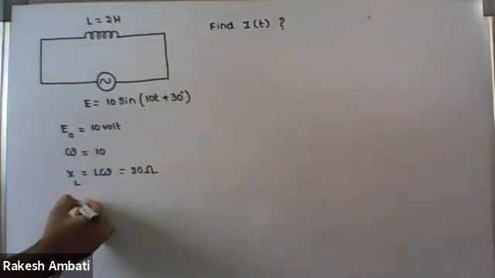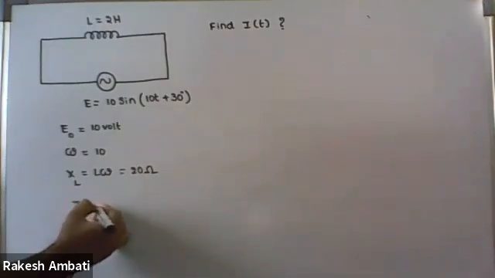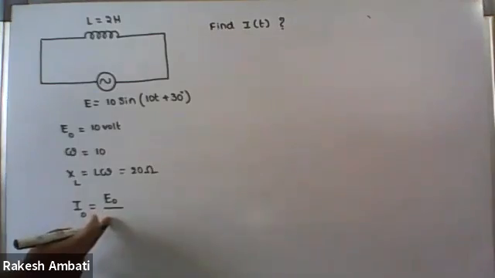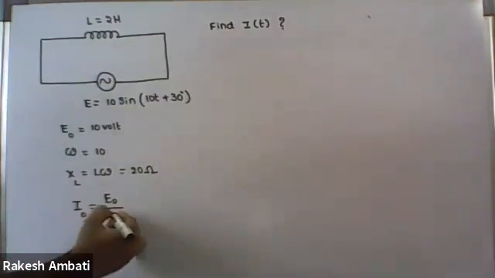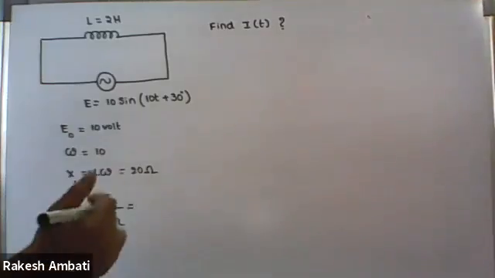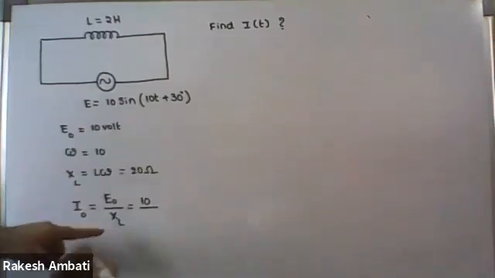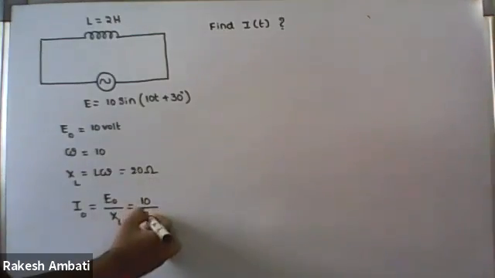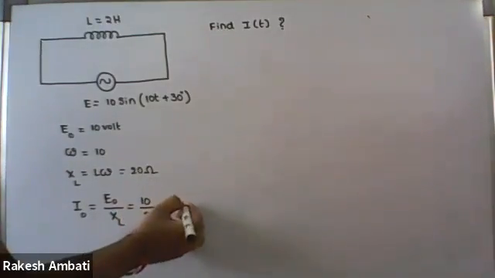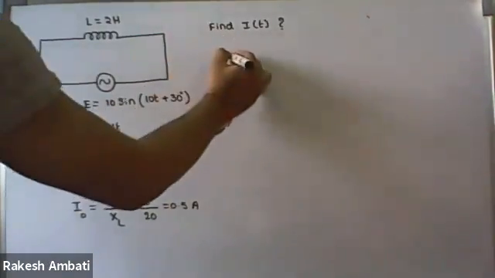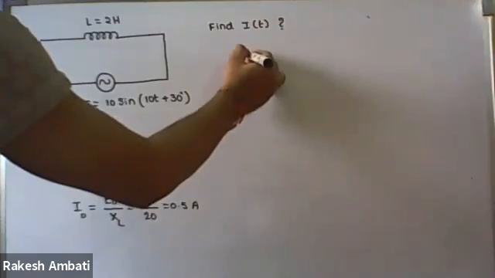Now I want to find the maximum value of the alternating current. I naught equals E naught upon XL, in the place of resistance in an inductive circuit. E naught is 10 and XL is 20, so it is 0.5 amperes. This is the maximum value, but the question asks for the current as a function of time.